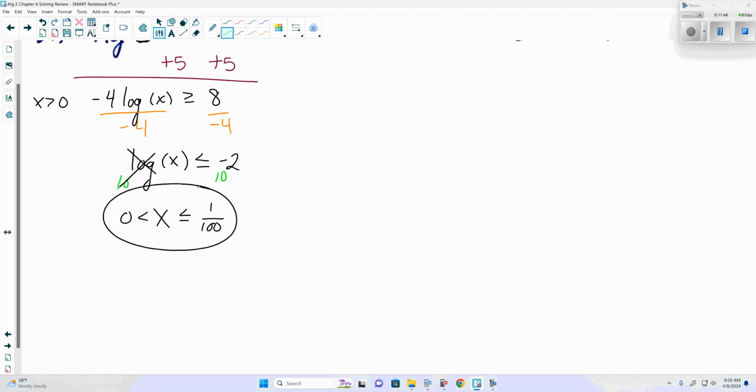All the values that work for this are between 0 and 0.01. Now again, adding those back in are not going to come into play on the test. I made sure that you're not having to add this back in. College algebra, they're going to make you especially have both. But for this one, I thought I'd be nice.